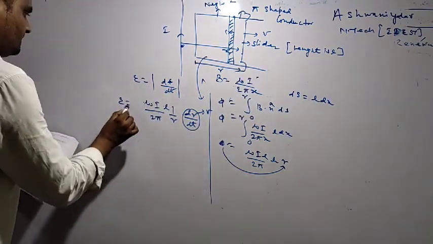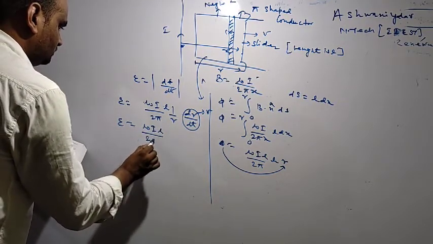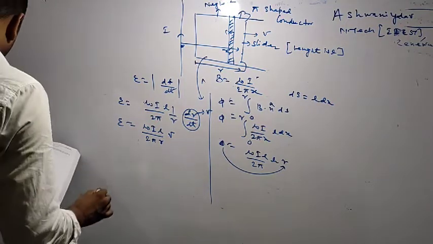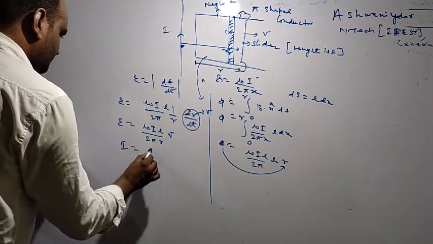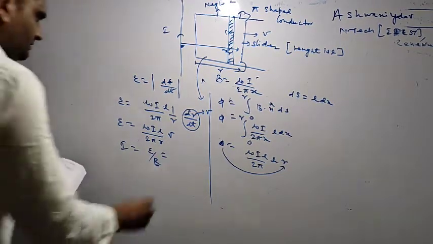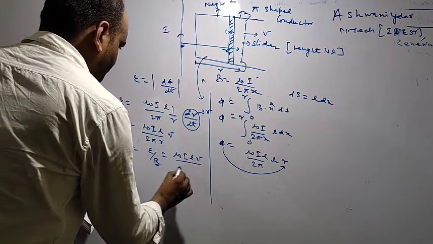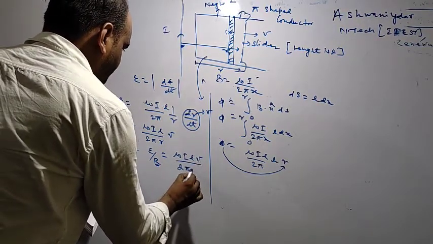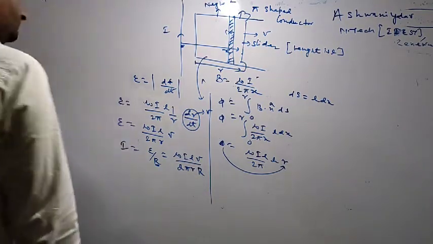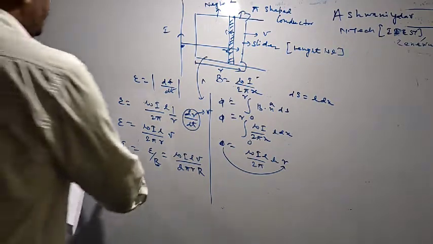So now we have EMF equal to mu naught I L v by 2 pi r. So current is EMF by R. R is the resistance of the slider, as I mentioned earlier while reciting the question. Okay, so this is the current produced in this loop.